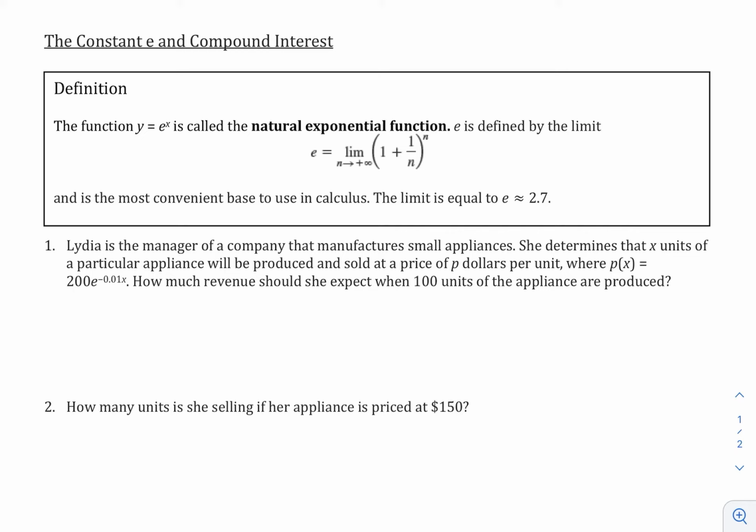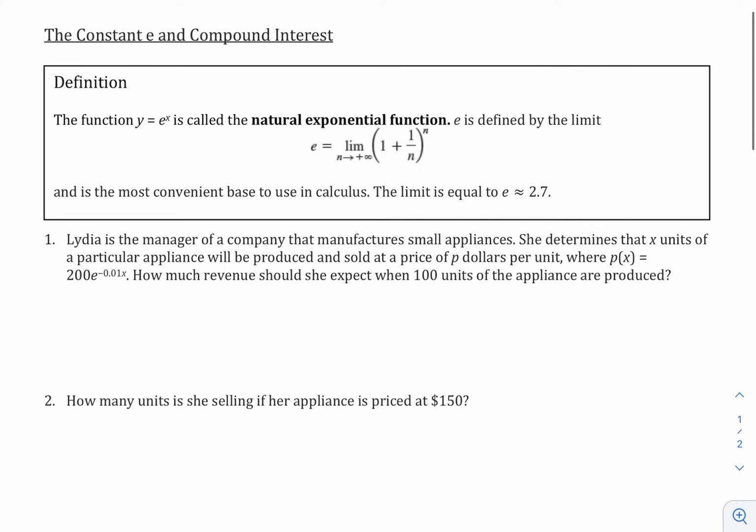So let's take a look at this example. Lydia is the manager of a company that manufactures small appliances. She determines that x units of a particular appliance will be produced and sold at a price of p dollars per unit. So p is in dollars, x is the units, where p of x is given by the following price function.